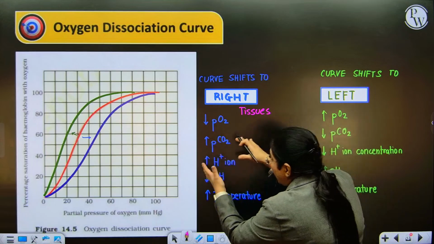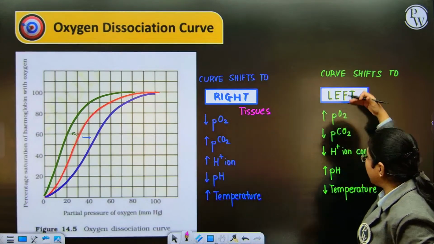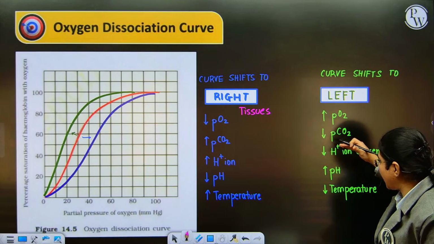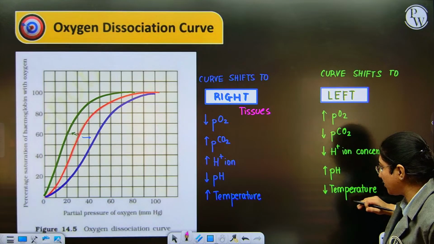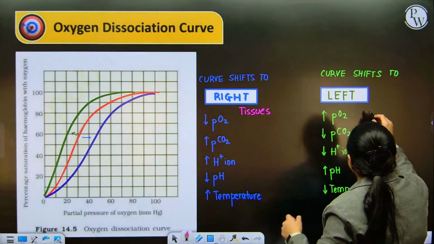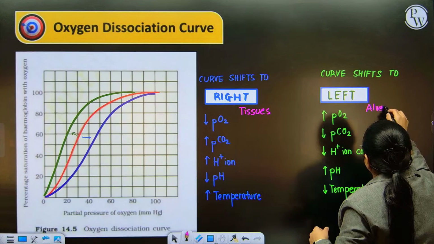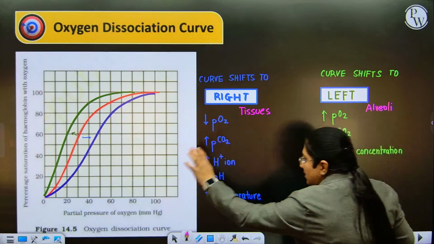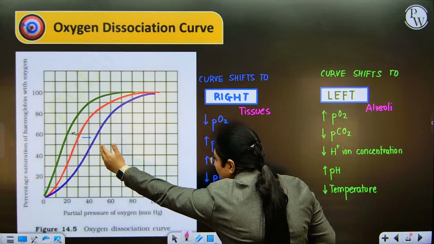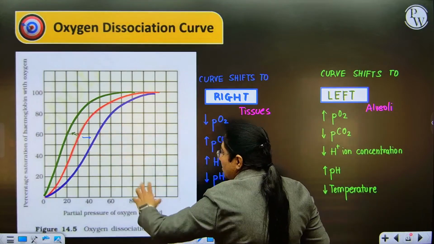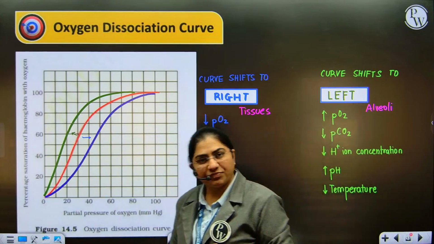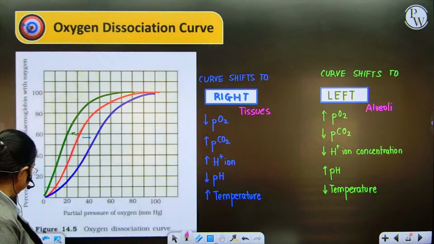The exact opposite: if the partial pressure of oxygen increases, PCO2 decreases, H plus ion concentration decreases, pH increases and temperature decreases, the curve shifts to the left, and this occurs at the level of alveoli. With this graph we can easily understand what happens to the binding of oxygen with hemoglobin if the other factors also vary. Is that clear? Very good.